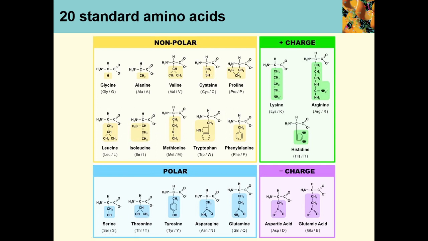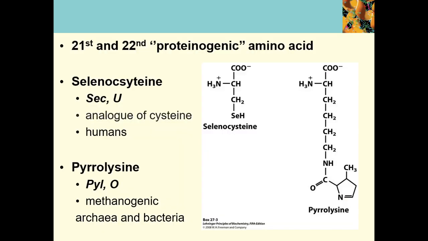But before we proceed with the discussion on peptide bond formation, allow me to introduce to you our 21st and 22nd proteinogenic amino acid. So we have here selenocysteine and pyrrolysine. Selenocysteine is abbreviated as SEC with one letter symbol of U. This selenocysteine is an analog of cysteine.